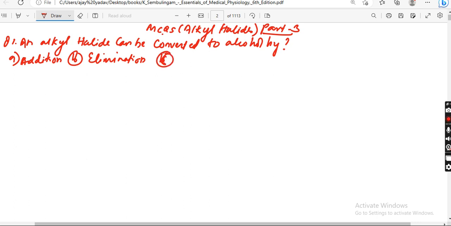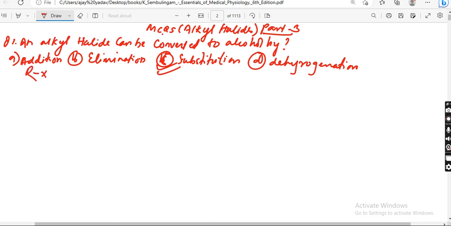Option C is substitution. Option D is dehydrogenation. So we know that when this X is replaced or substituted by OH minus, then this forms ROH. So this is actually a substitution reaction.